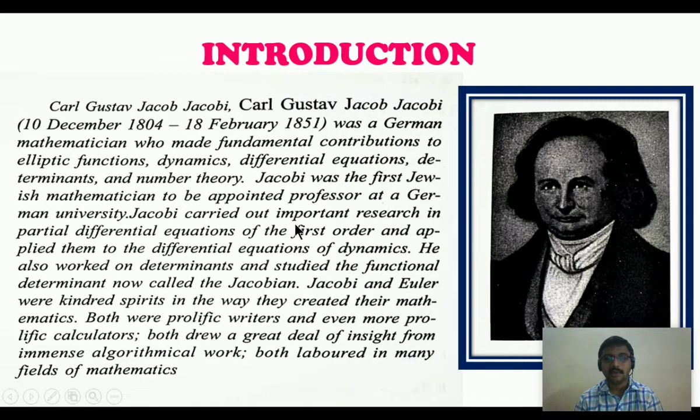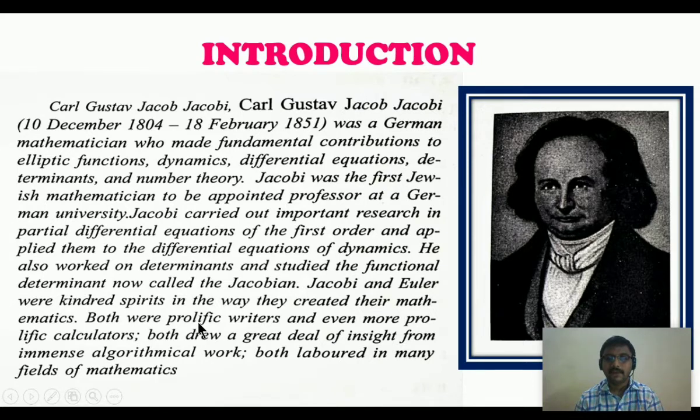Jacobi carried out important research in partial differential equations of the first order and applied them to the differential equations of dynamics. He also worked on determinants and studied the functional determinant now called the Jacobian. Jacobi and Euler were kindred spirits in the way they created their mathematics.